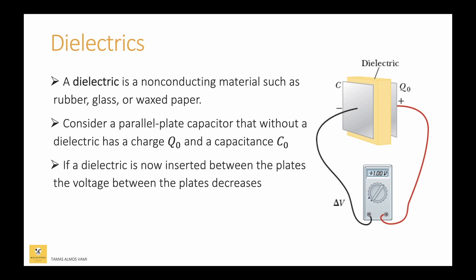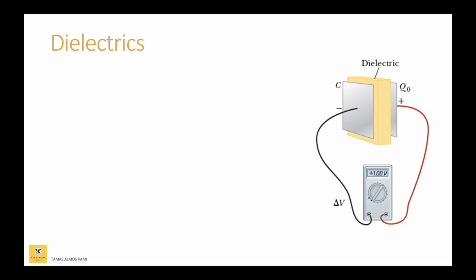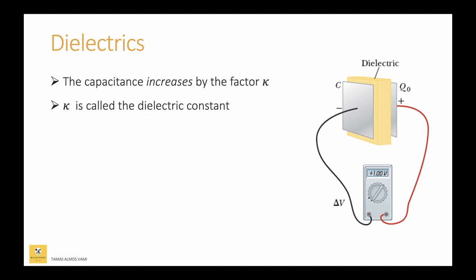and the capacitance of C0 in this capacitor. And if we now insert this dielectric and measure the voltage difference between the two plates, then what we see is that the capacitance will increase by a factor, and this factor is denoted with the Greek letter kappa, and it's called the dielectric constant.